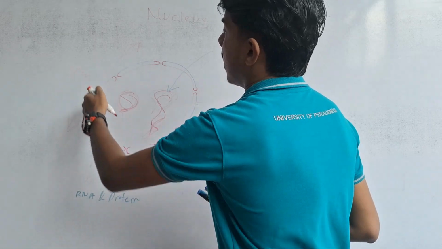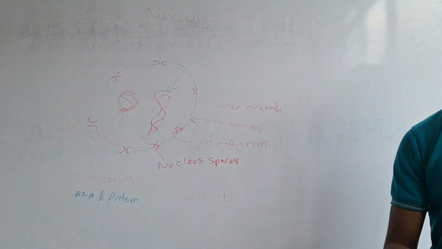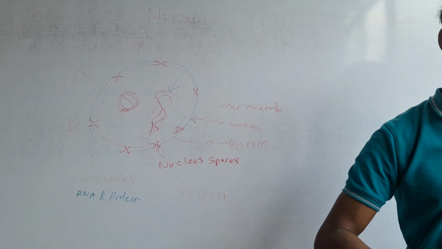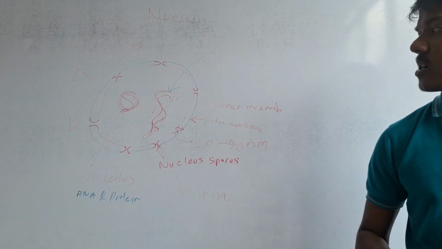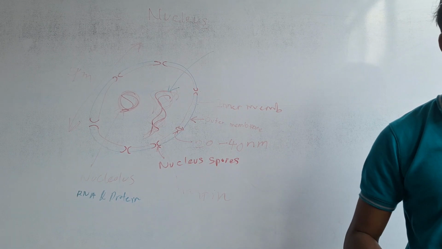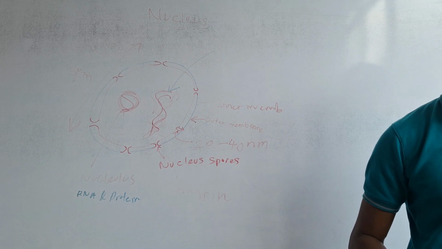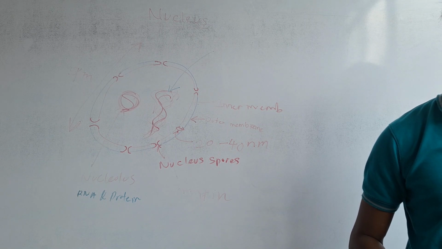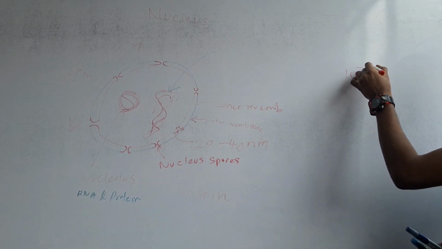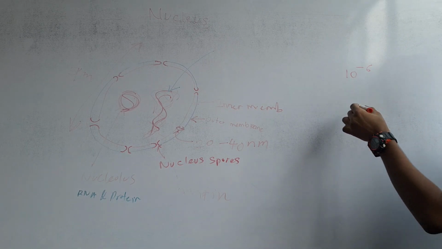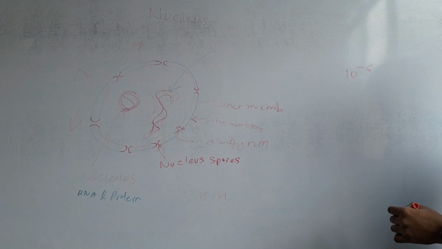Now tell, 5 micrometers is how many nanometers? Sometimes you will get questions like this. Micro means 10 to the power minus 6. Nano?